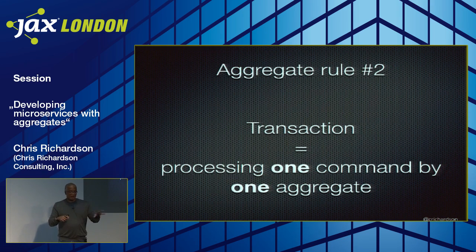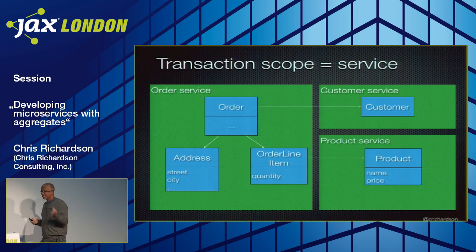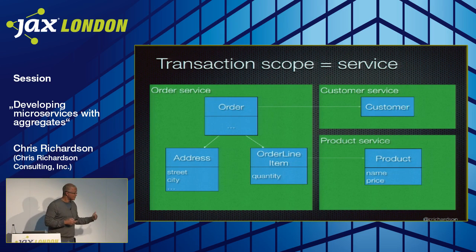So if you think about a microservice as containing one or more aggregates, and a transaction can only create or update one of those, by definition it's guaranteed to reside within a single service. So we can update an order with one transaction. We can update a customer or update a product. So it exactly fits the constraints that we have to live under when we're writing business logic in a microservice architecture.